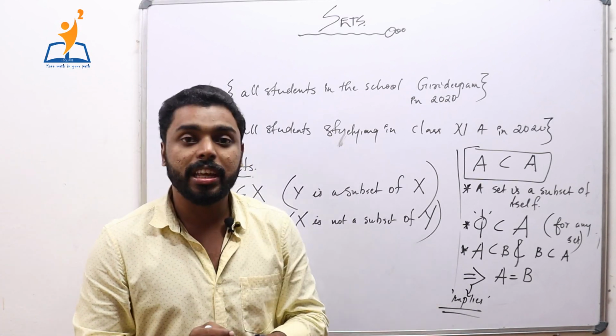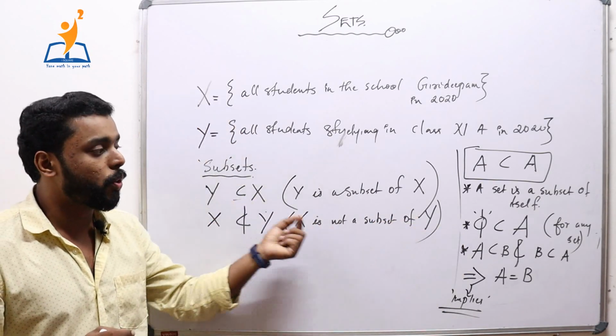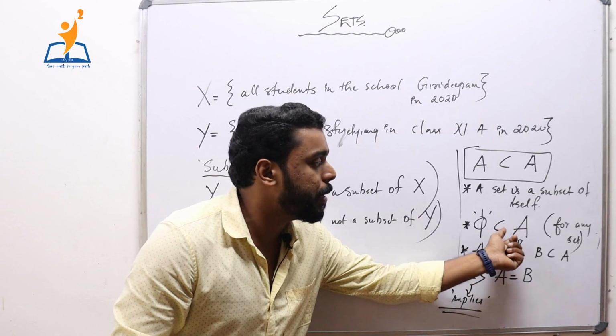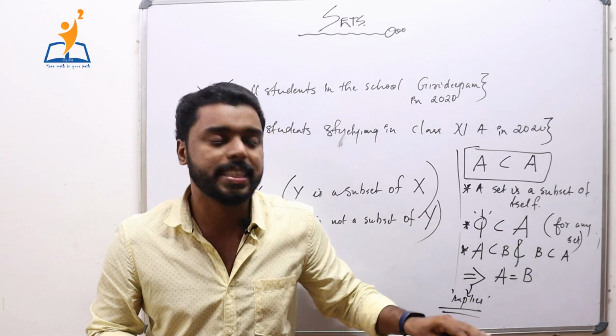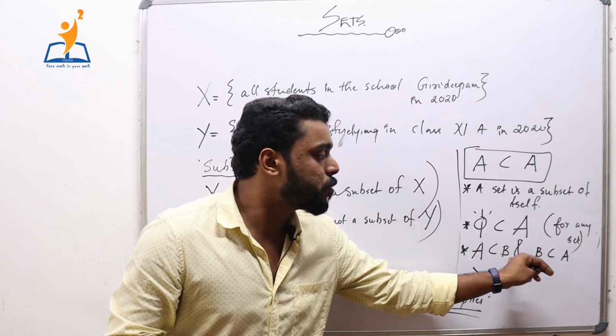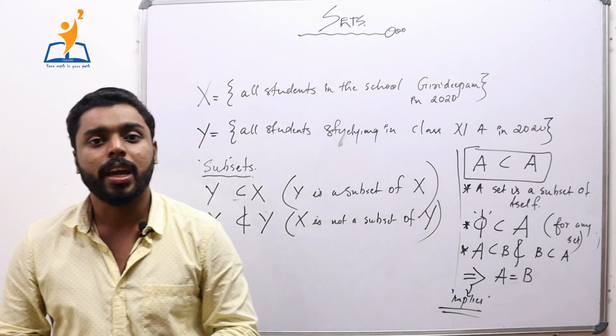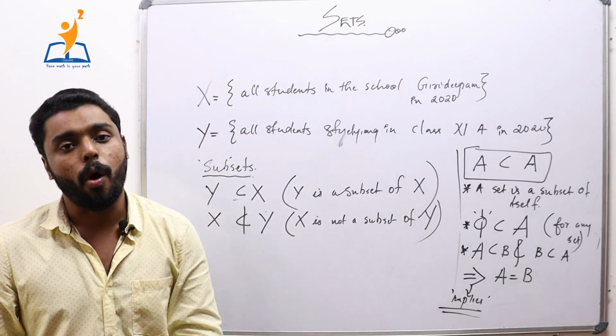Since phi does not have any element in it, literally speaking this definition holds for phi also. So we can say that phi will be a subset of A for any set. And the next point to remember is A subset of B and B subset of A implies A is equal to B. So remember these 3 points very well.